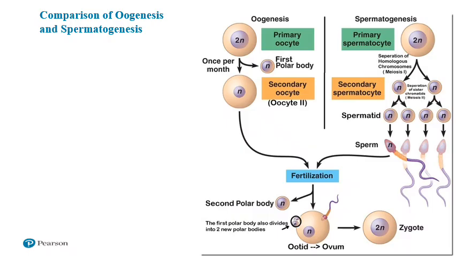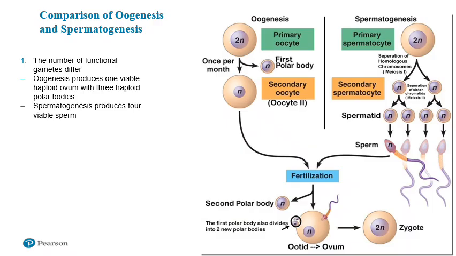And here is a good diagram comparing oogenesis and spermatogenesis. The number of functional gametes between oogenesis and spermatogenesis differs. Oogenesis produces only one viable haploid ovum with three polar bodies, and these polar bodies are not viable.